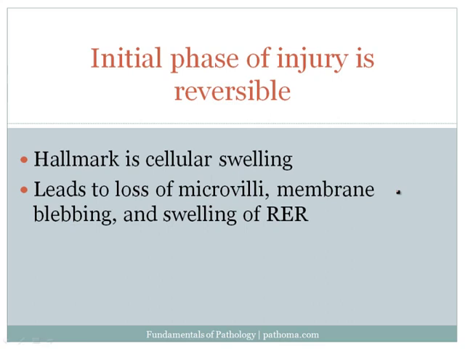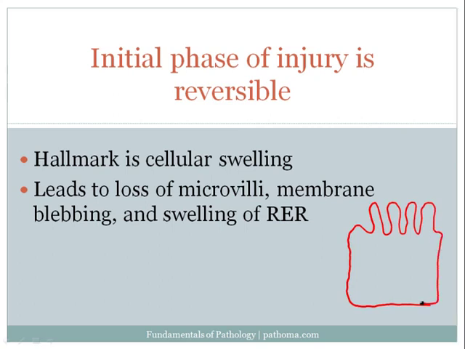Now, this would have consequences for various parts of the cell. For example, let's say that I have a cell that looks like this, which has these little processes coming off the surface called microvilli. Remember that microvilli are present, for example, in the small bowel, and present, for example, in the proximal renal tubule.